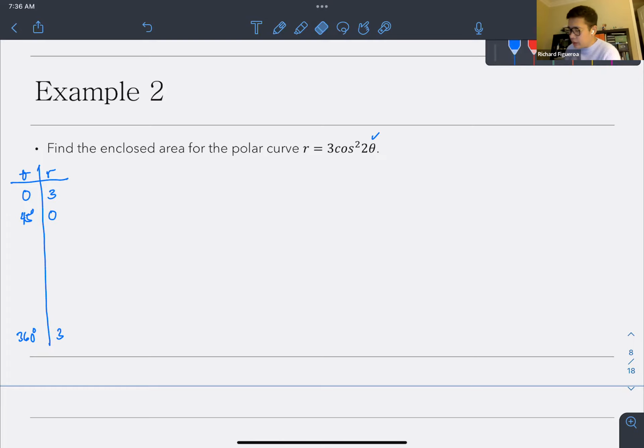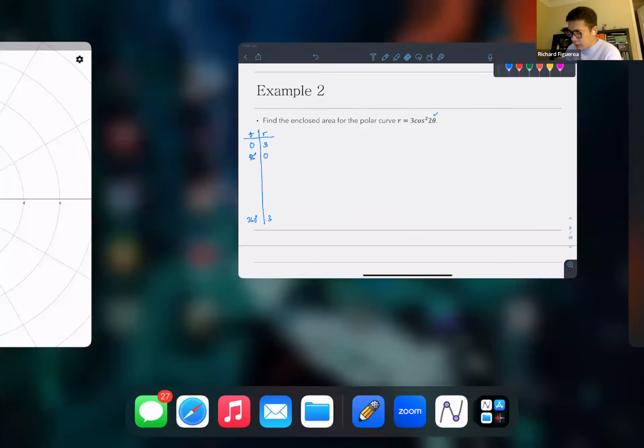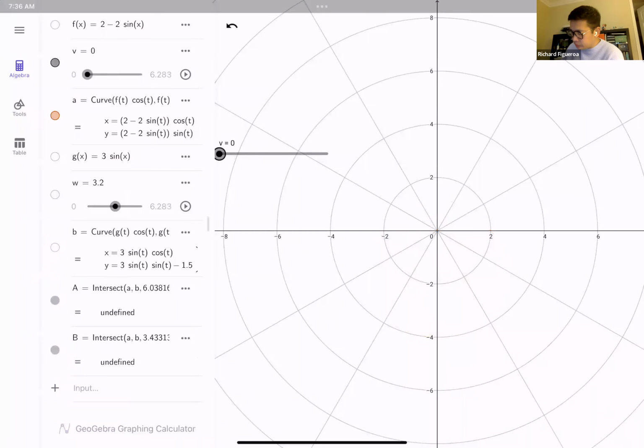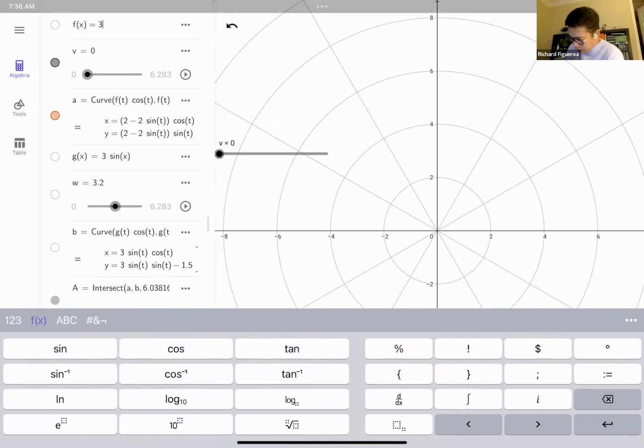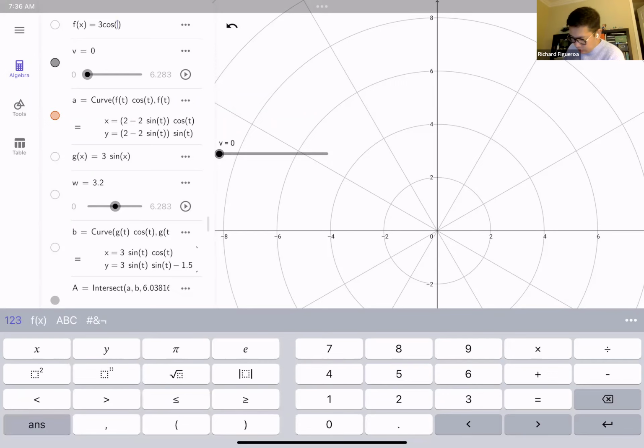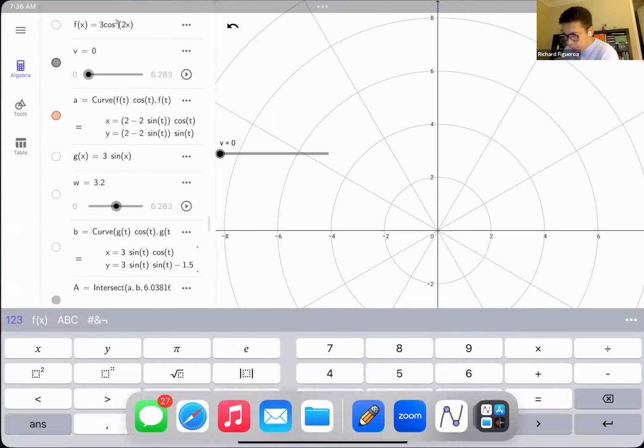So it's 3 cosine squared 2 theta. I'm going to change this one. So it's 3 cosine 2x, but then squared. Tama, no?